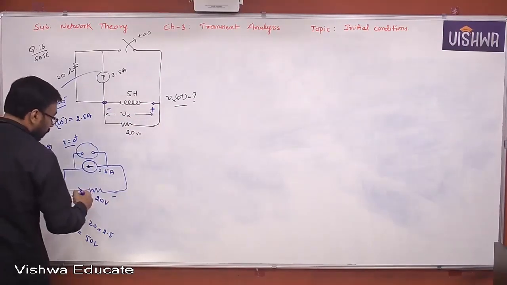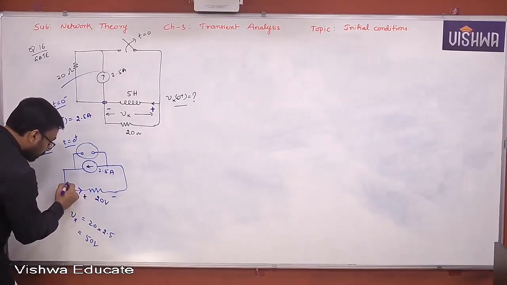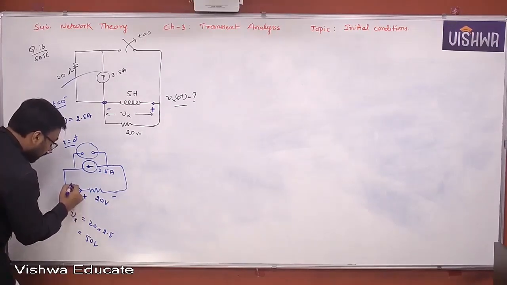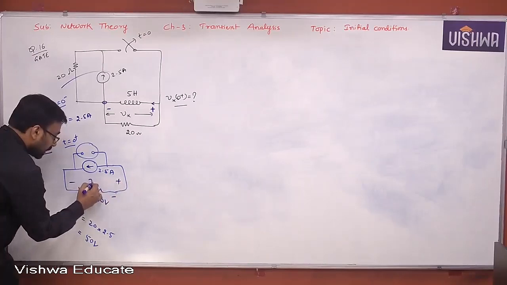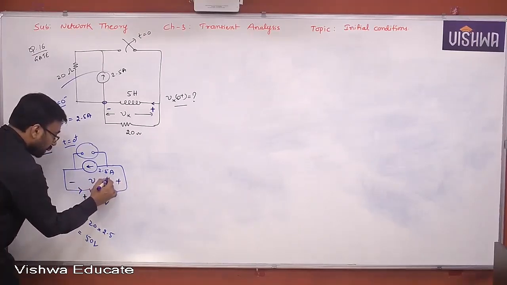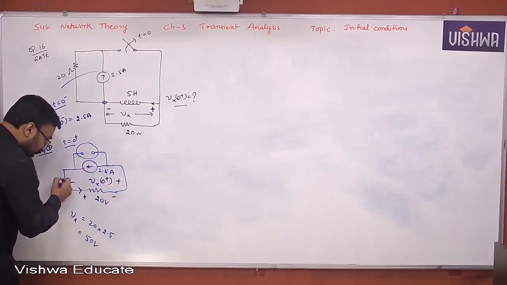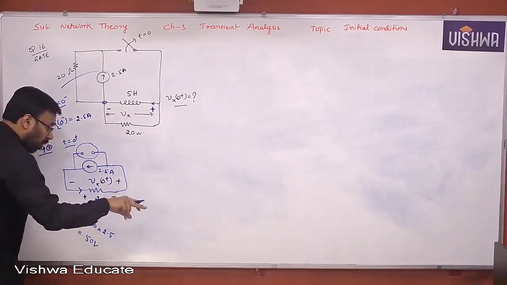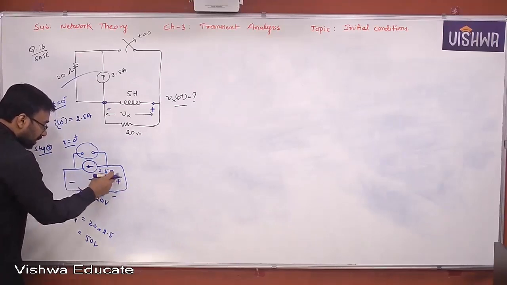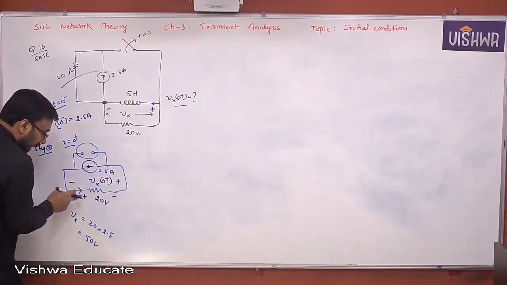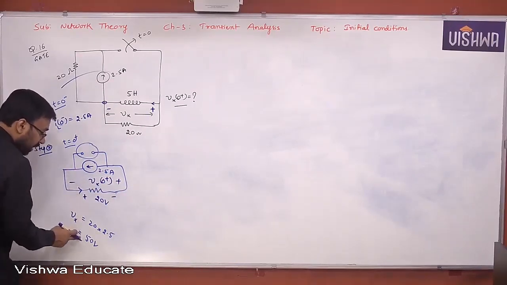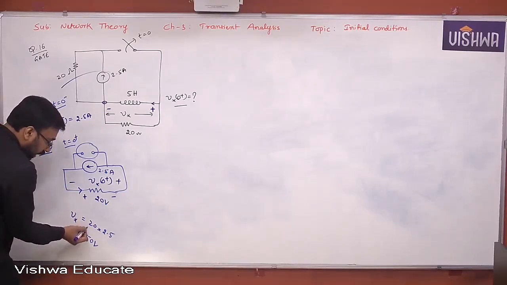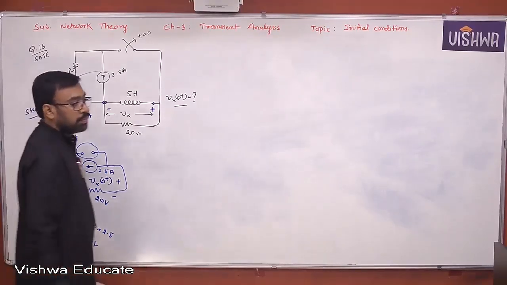Actually here, this is minus, plus, and he is asking Vx of 0 plus. The polarities you get because of the current are plus minus, and the polarities that you want are minus plus. There is a mismatch between the actual polarities and desired polarities. That is why you get a negative sign. That's it. Understand, all of you?